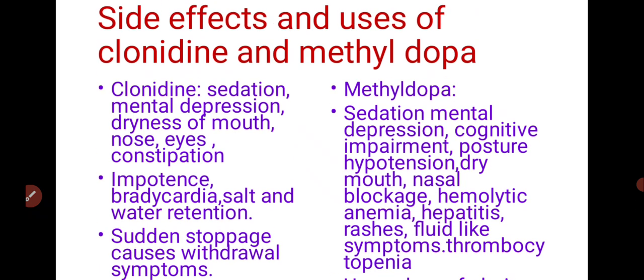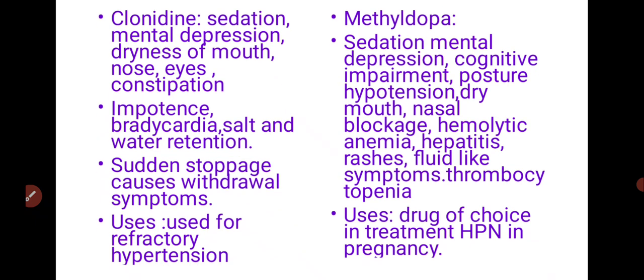Clonidine is used in refractory hypertension, not as a first-line drug. Sudden withdrawal may cause withdrawal symptoms: a sudden rise in BP, heart rate, anxiety, restlessness and similar symptoms. That's why it is not considered a first-line drug, but in refractory cases we can use clonidine.